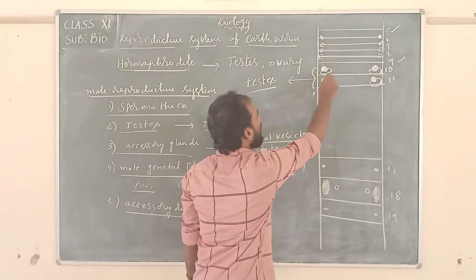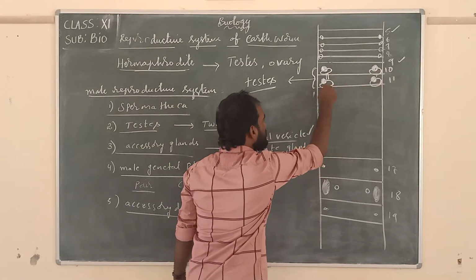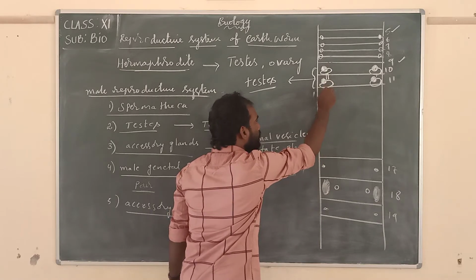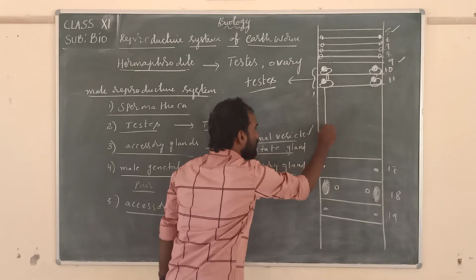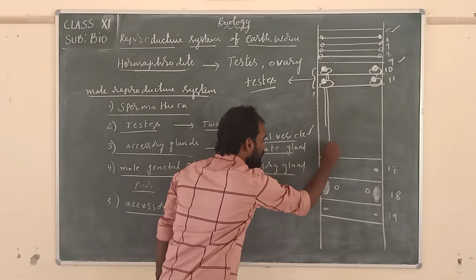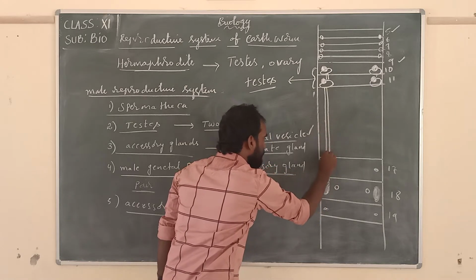Now these two pairs of testes open into a long tube-like structure which runs up to the 18th segment.